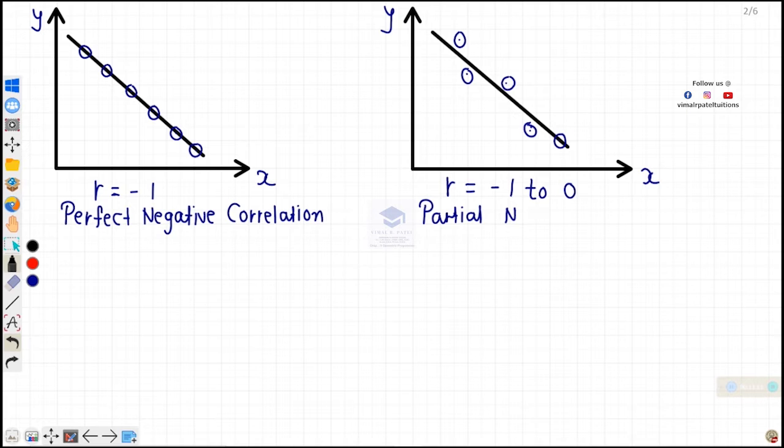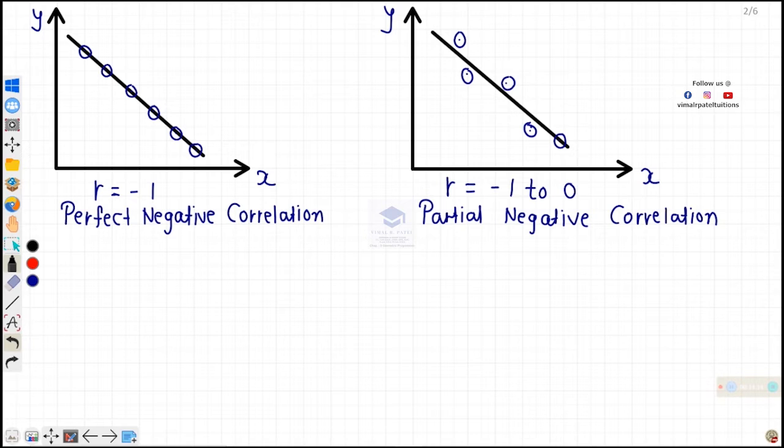This is called partial negative correlation.